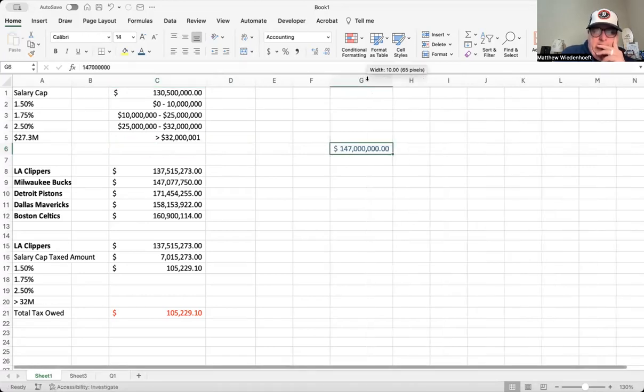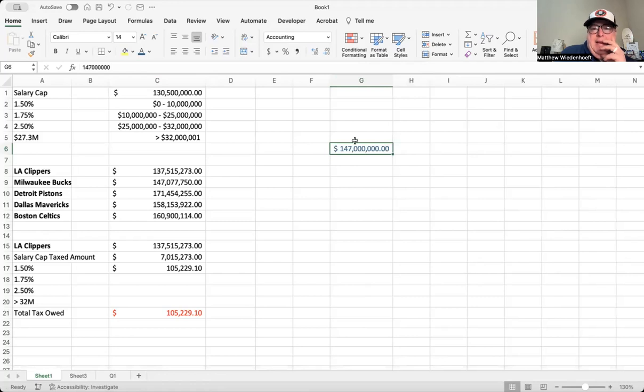Let's take it over here, and we're going to break it into pieces. So I start with my different tiers, and I call it tier 1, 2, 3. Tier 1 is 0 to 10 million. So the first 10 million over the cap is taxed at 1.5%. This is pretty easy.